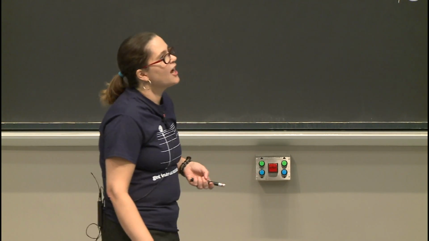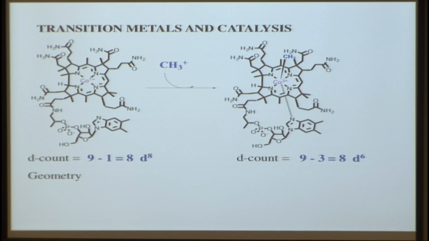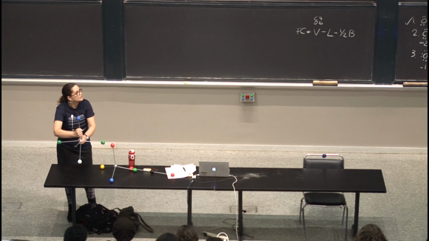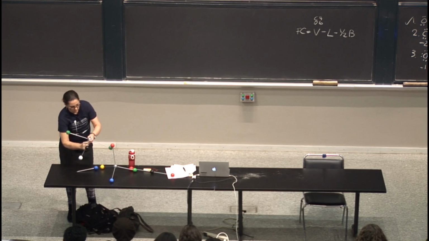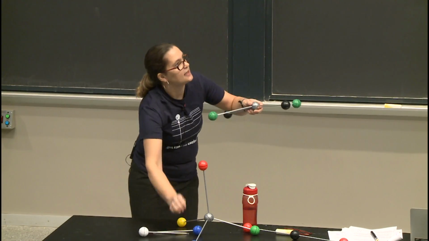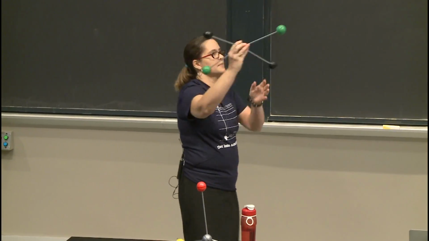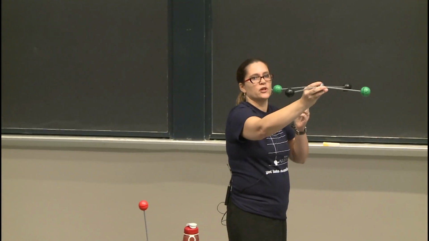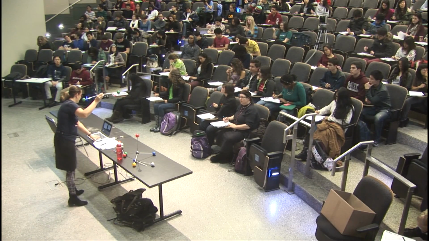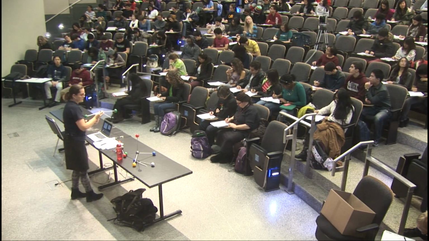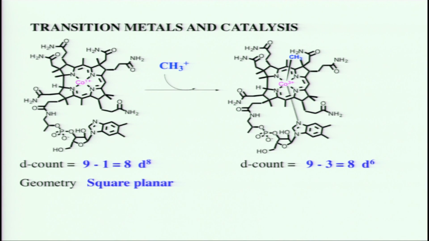OK. Geometry around the central metal. And it's a little hard to see from this, so I'm going to help you out. So here there are no upper or lower ligands in the COB1 state. So you just have the ring system. So what is this geometry? Yeah. So we have square planar geometry. And then in the COB3 state, you have a methyl group above.